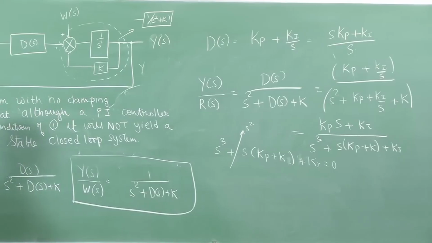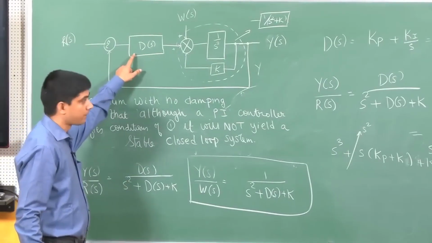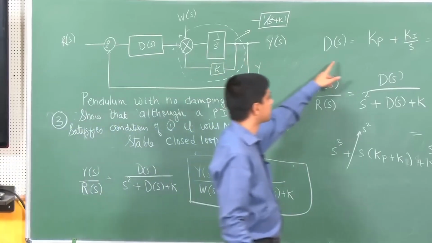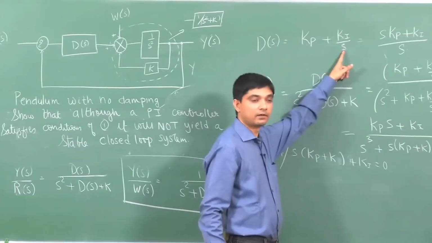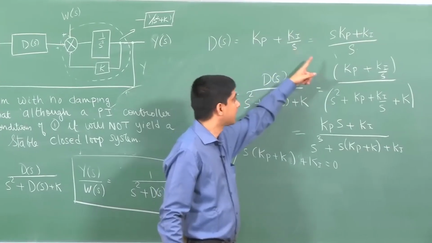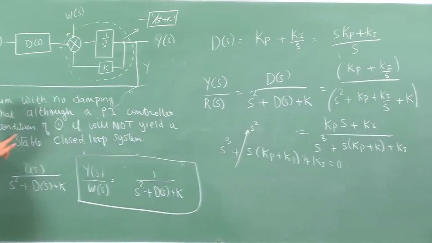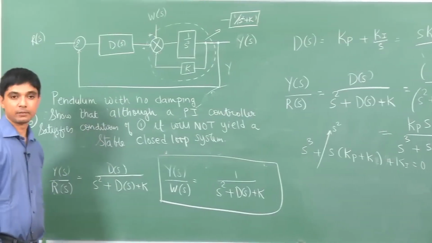So, the conclusion here is that although D of s satisfies the conditions of problem number 1 with a PI controller, which has a pole at the origin, it leads to a closed loop system which is unstable.